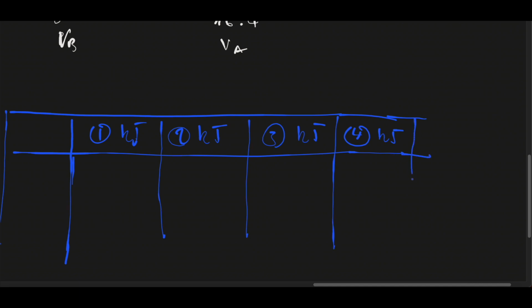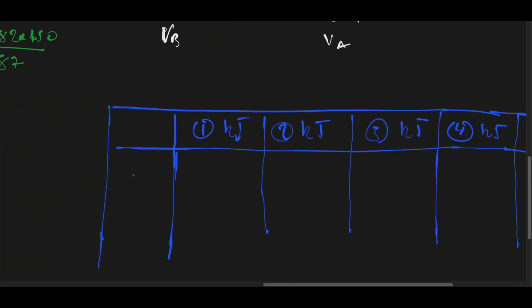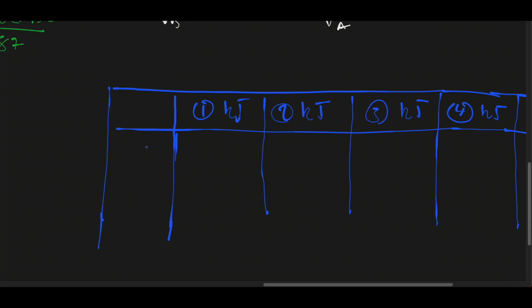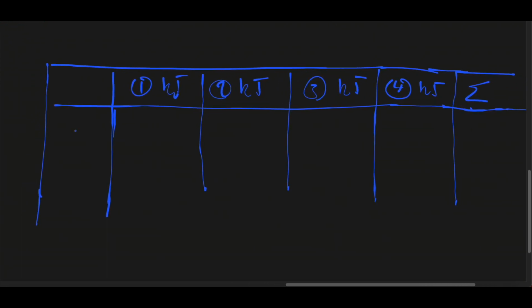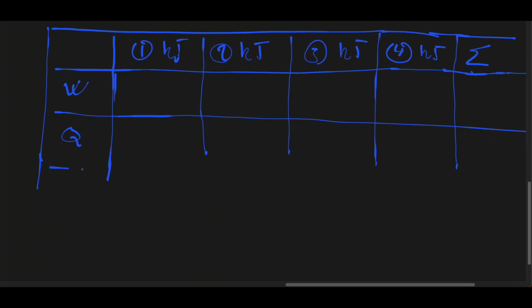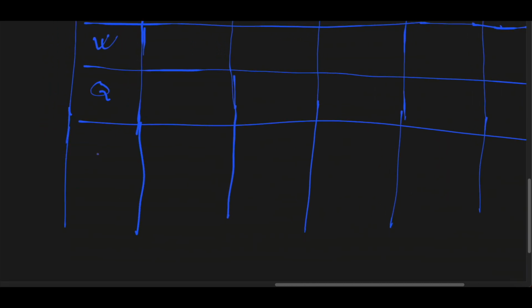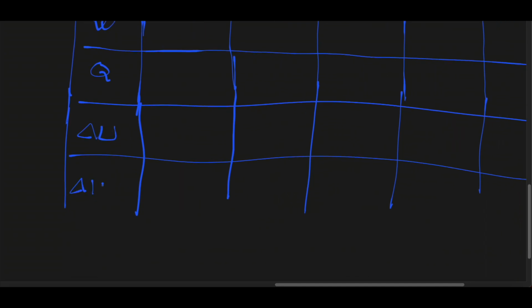And also we have to verify the first law by calculating the sigma, or the sum of all the functions throughout the cycle. Here we have work, heat, also internal energy, the change in internal energy, and the change in enthalpy.